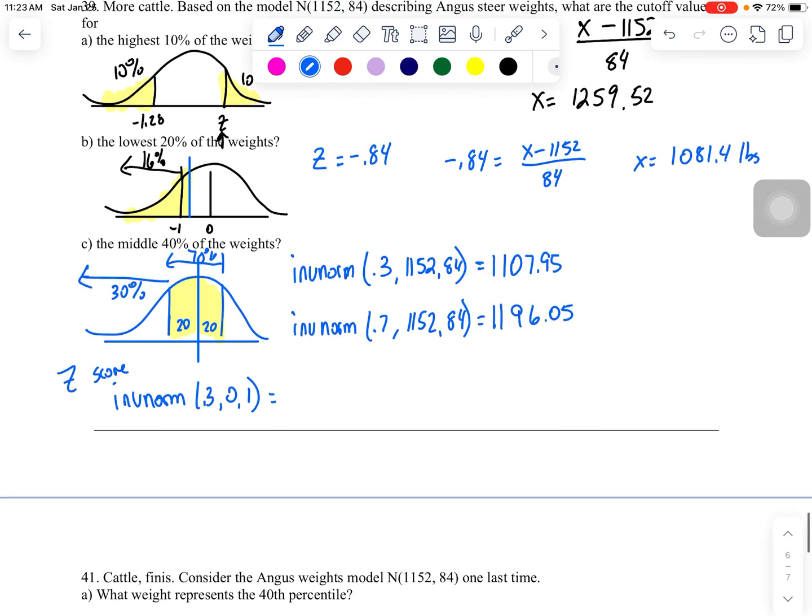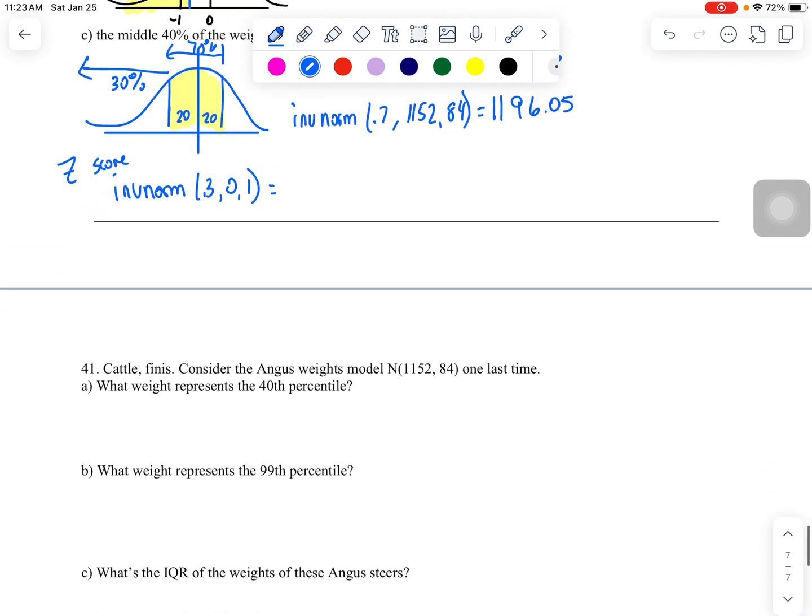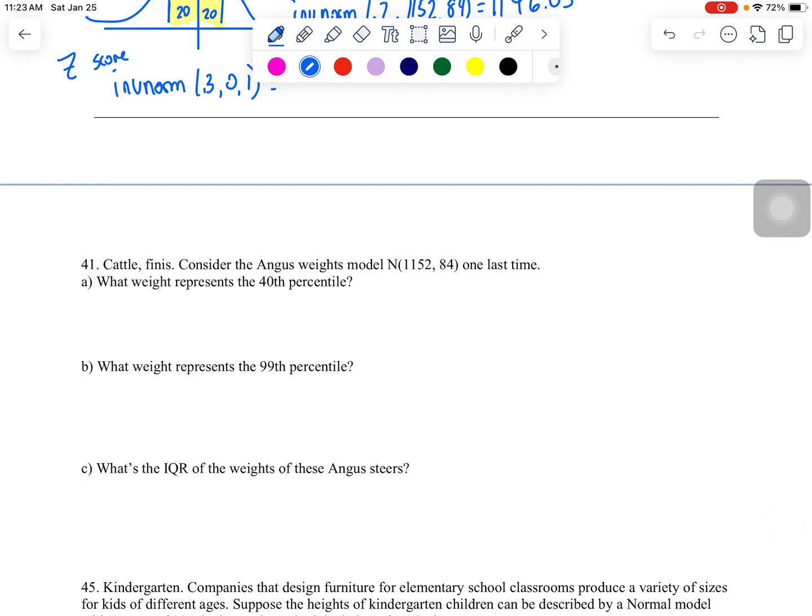I will work this 2 different ways. Method number 1 is, again, we're trying to find the 40th percentile, so I want the bottom 40%. Okay, so 40% down there is what we're looking for.